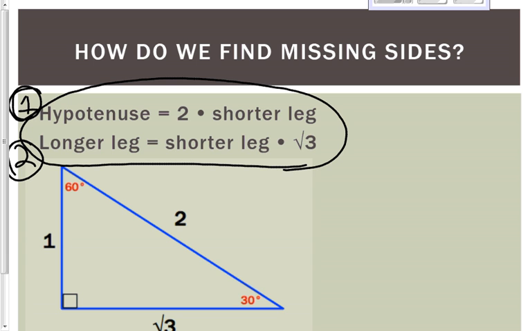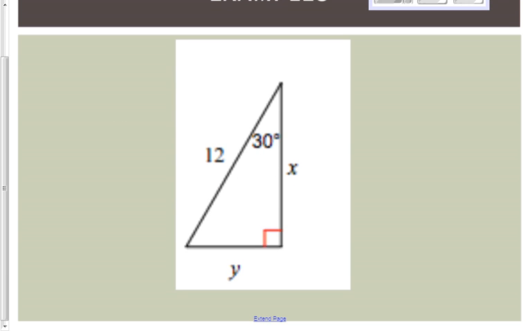using this to solve special right triangle problems, looking at our first example, first thing I want to do is establish, is this actually a special right triangle? Well, I know that this angle right here is actually 60 degrees. How do I know that? Well, all angles in a triangle should add up to 180 degrees.